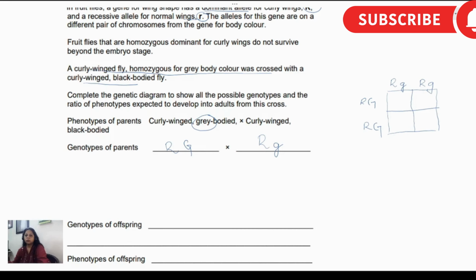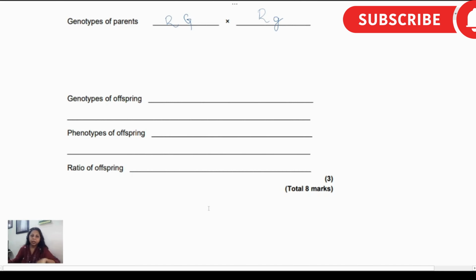Correct. Yes, 1 to 1. And what would be the phenotype?